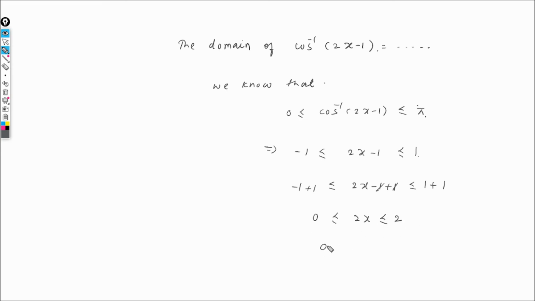Dividing both sides by 2, 0 upon 2 means 0 is less than or equal to x, so this implies the domain of the given function is the closed interval [0, 1].